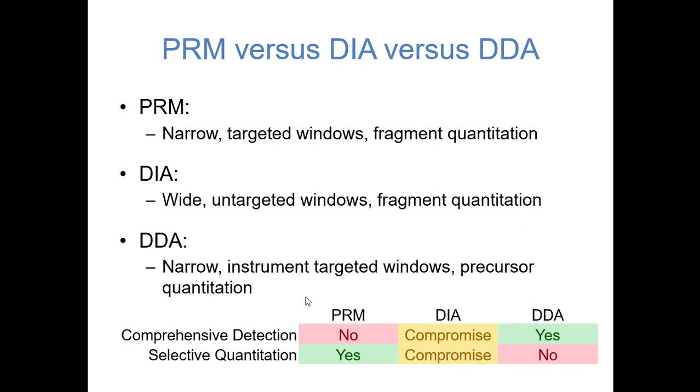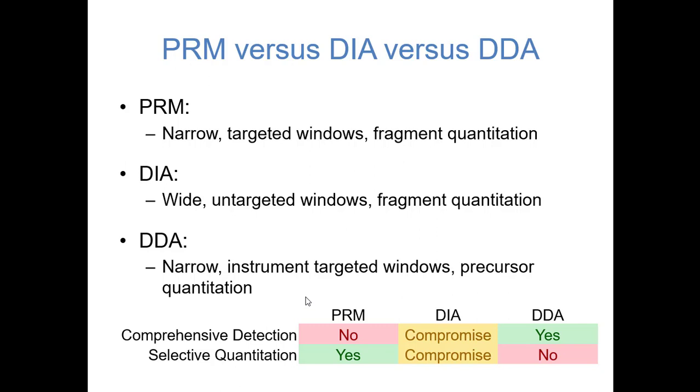With PRM, you're basically taking very narrow precursor isolation windows, these targeted windows, and measuring very specific peptides with fragmentation quantitation, right? When you're measuring fragment quants, it's stuff that has come through a Q1 and is mass filtered, fragmented, and then you're measuring it again, sort of like with SRM.